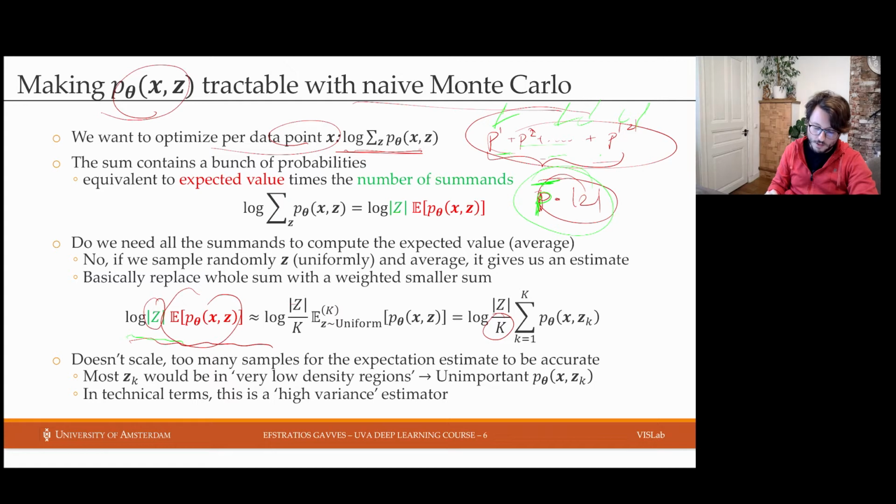This process is very intuitive, straightforward to understand. However, we got a problem here. The problem is that it doesn't scale, because in order to compute good estimations for our expected value, so for our sample average, we need a very large number of these samples. So maybe 10 is not enough, maybe you need 100 or maybe even more. You can think of this intuitively as follows. Out of all these items in the summation, a few will have large values, others will have smaller values.